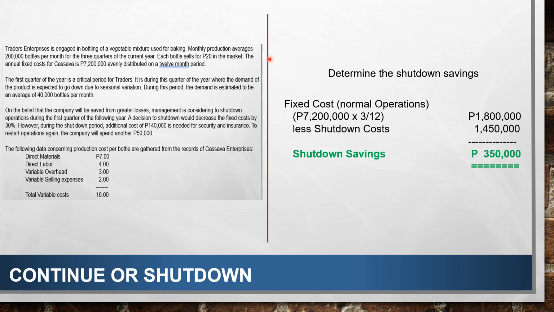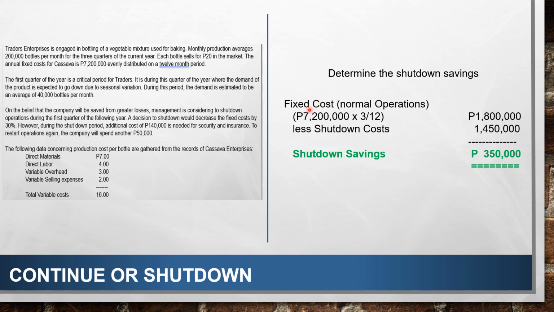Okay, second requirement, let's determine the shutdown savings. We have the fixed cost under normal operations, 7,200,000 times 3 over 12, so we have 1.8 million, less the shutdown cost of 1,450,000.